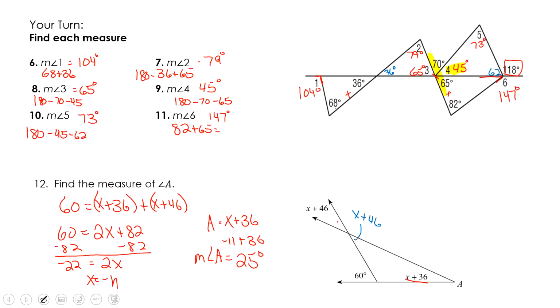So my equation was 60 equals x plus 36 plus x plus 46, which made 2x plus 82 equal 60. So I found out that x equals negative 11. Plug negative 11 into x plus 36, and I get that angle A was 25 degrees. Does that make sense? So now we know that would make the other angle 35, and off and running from there.